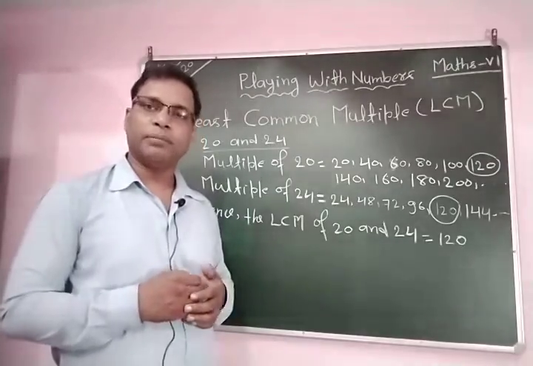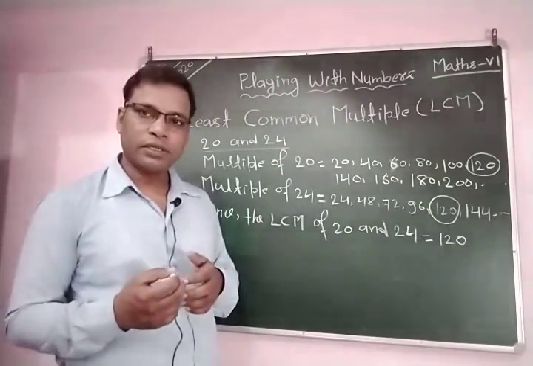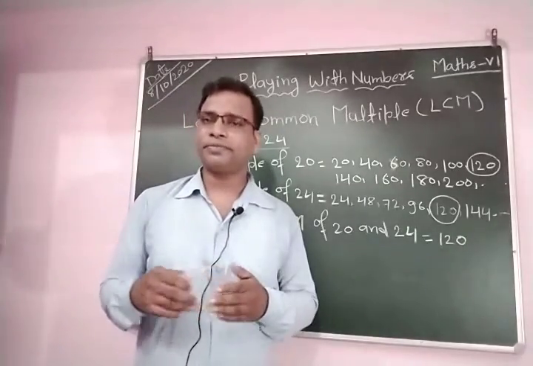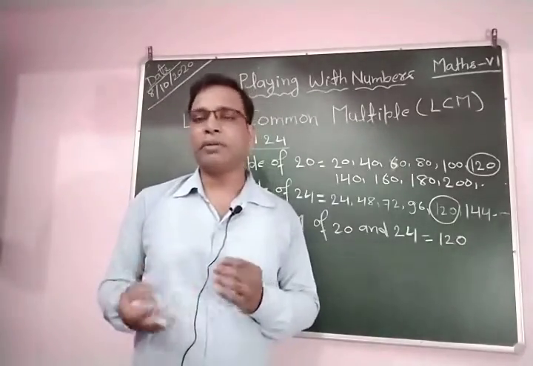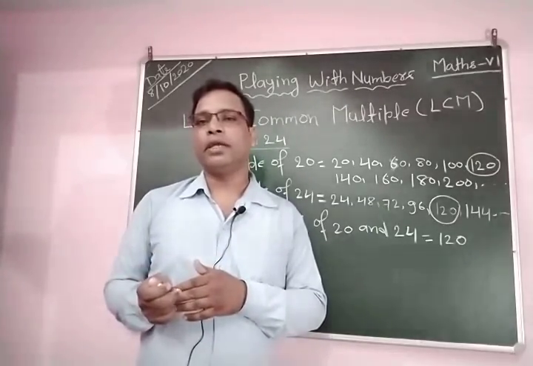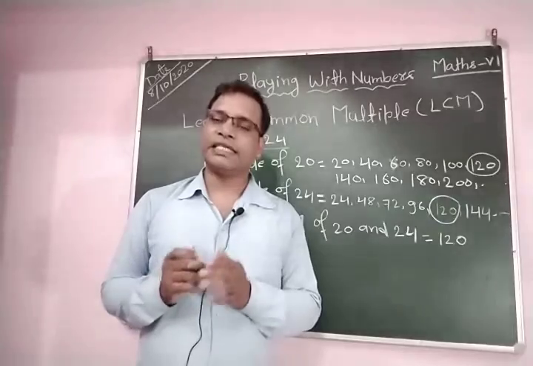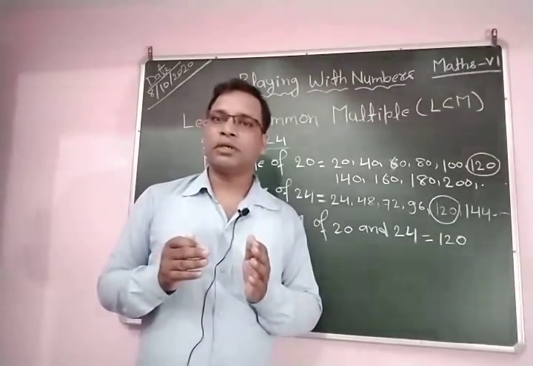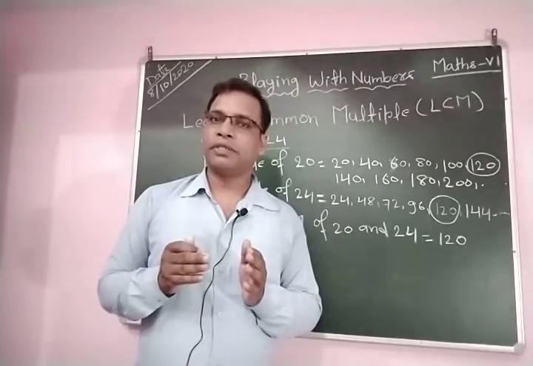In the case of more than two numbers, first we find the multiples of all these numbers. After this, you find the common multiples of the numbers, and then you find the least number, which is the smallest common multiple of these numbers.